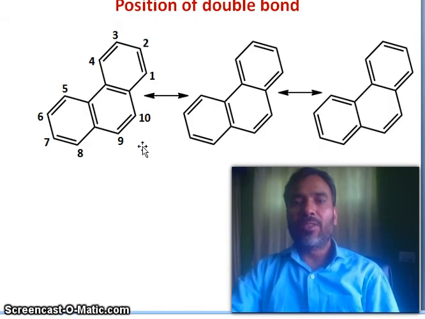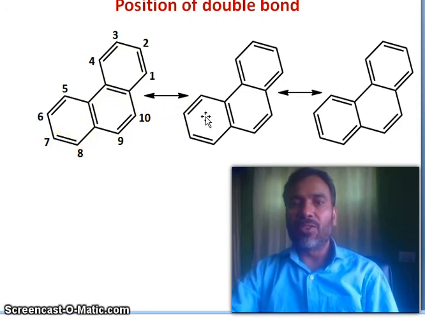Now you see the canonical structures of phenanthrene. There are 5 possible canonical or resonating structures of phenanthrene, based on the positions of double bonds. You just change the positions. In one, this one is benzene, this one is benzene, this one is benzene: all three rings are benzene.